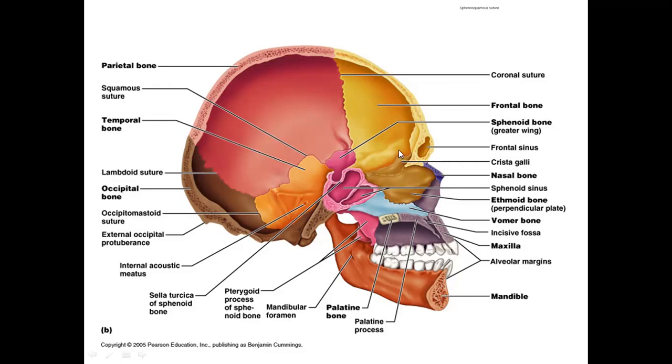Got it? This is of course the nasal bone. This is our ethmoid bone. Then frontal, parietal, occipital, and this is temporal, right? This is one view which I just wanted you to understand. This is the hard palate bone, which separates the nasal cavity from the oral cavity.